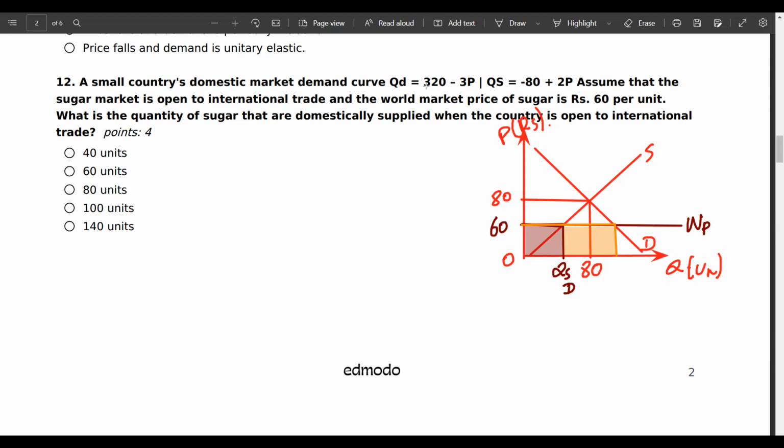Right. Okay, all good. Now the question is simply, what is the quantity of sugar that is domestically supplied? That's all. So all you have to do is take the supply equation, which is given as minus 80 plus 2p. That's the supply equation. And you have to just find out at 60 rupees, what is the supply?